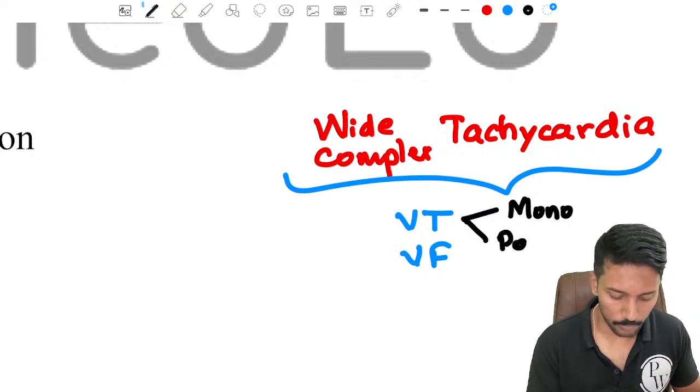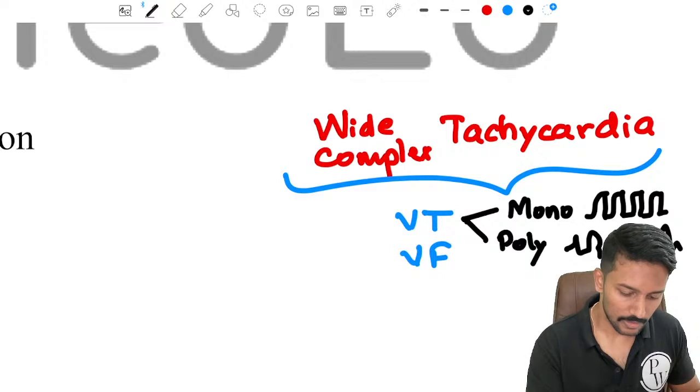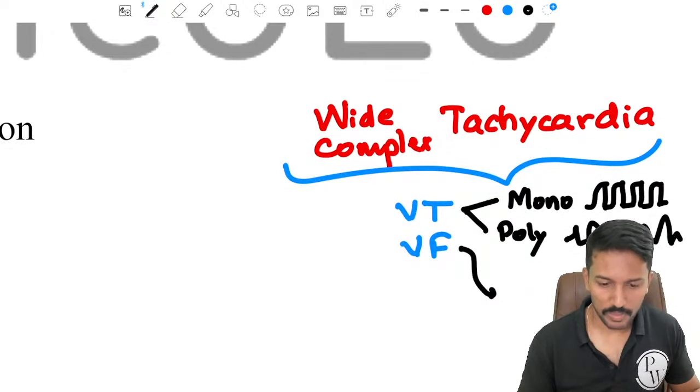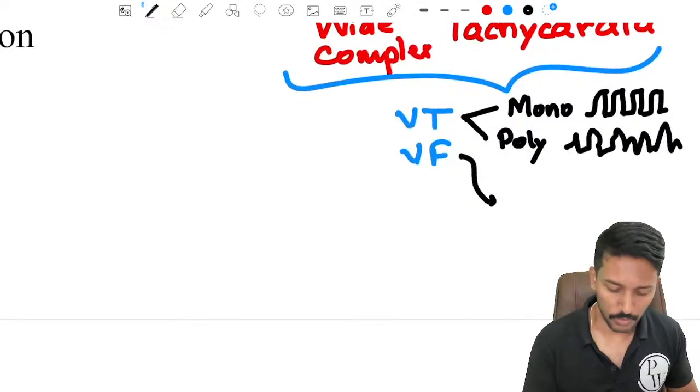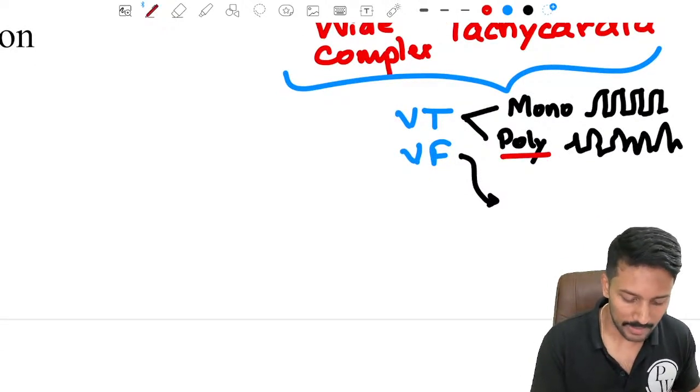In monomorphic, in one lead, all the QRS complexes look the same. In polymorphic, they look different. Then in VF, all the QRS complexes are also wide, but they also look different. So the question would be how to differentiate between a polymorphic VT and a VF.